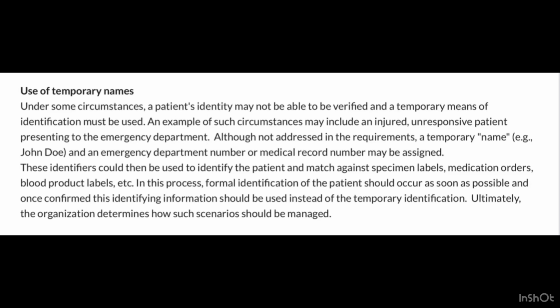These identifiers could be used to identify the patient and match against specimen labels, medication orders, blood product labels, etc. In this process, formal identification of the patient should occur as soon as possible, and once confirmed, their identifying information should be used instead of temporary identification. Ultimately, the organization determines how such scenarios should be managed.